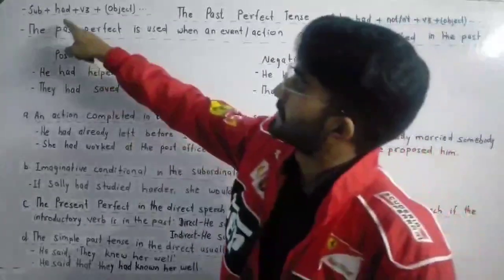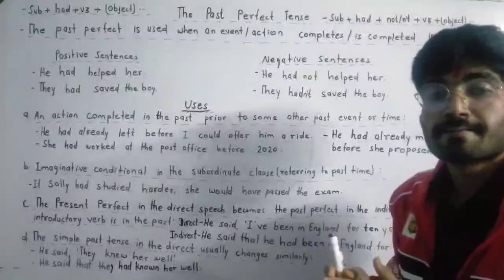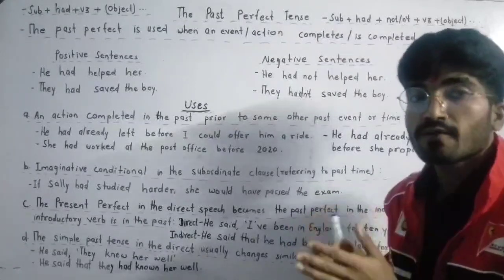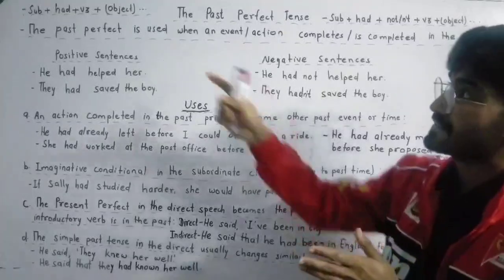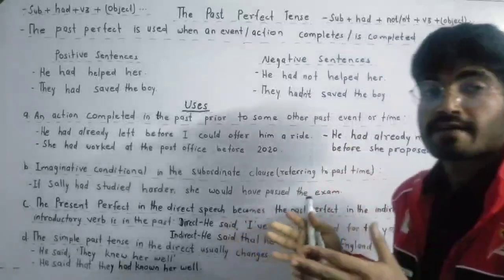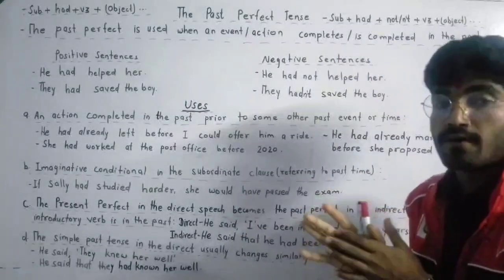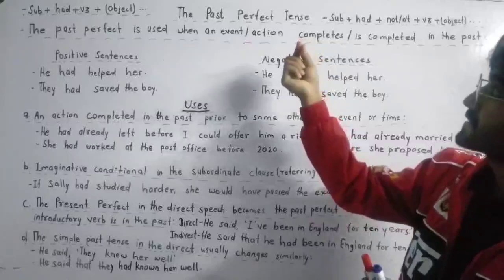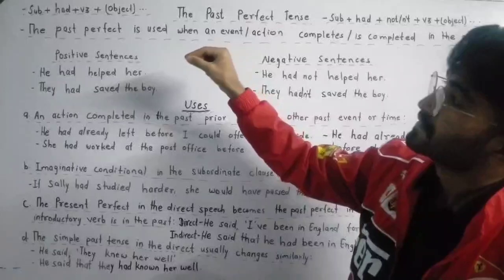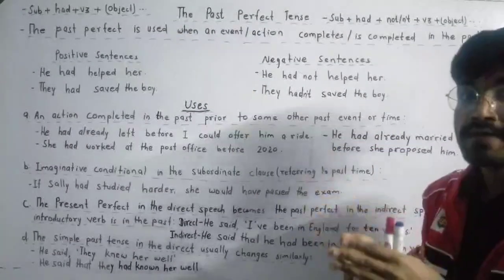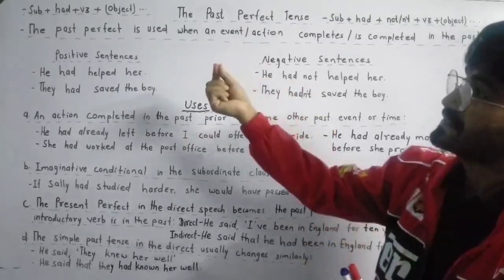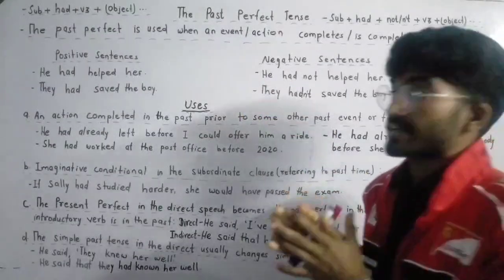This had is called an auxiliary verb or a helping verb, because with the help of had we make past perfect sentences. That's why we call it a helping verb.